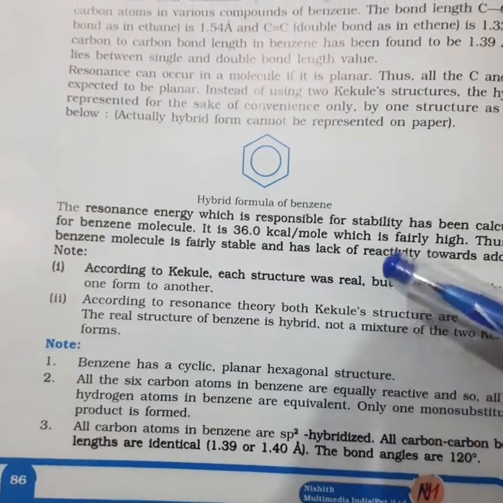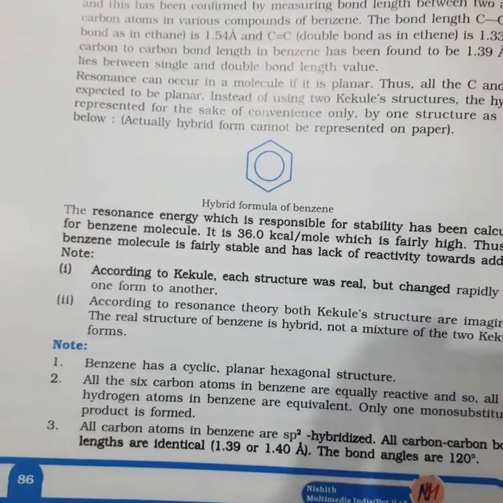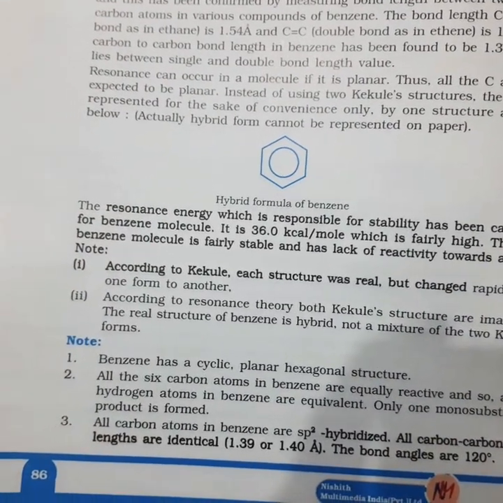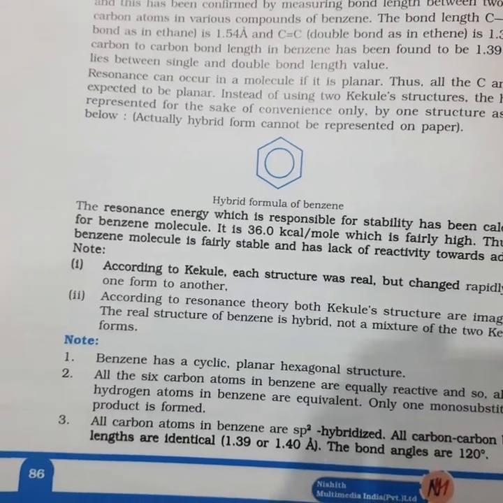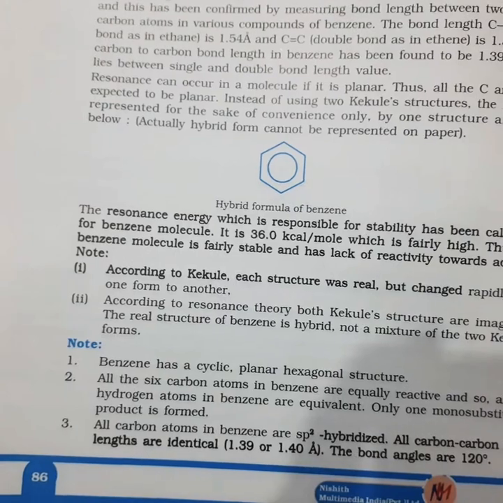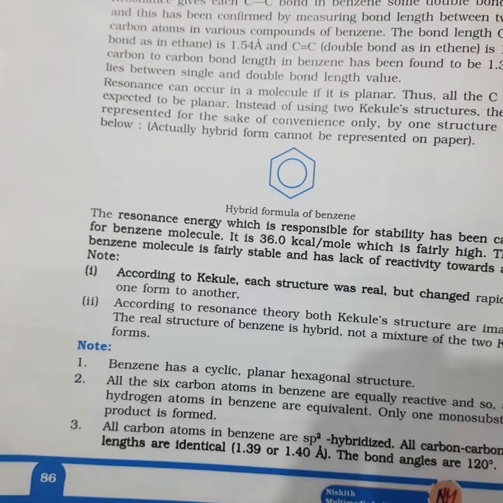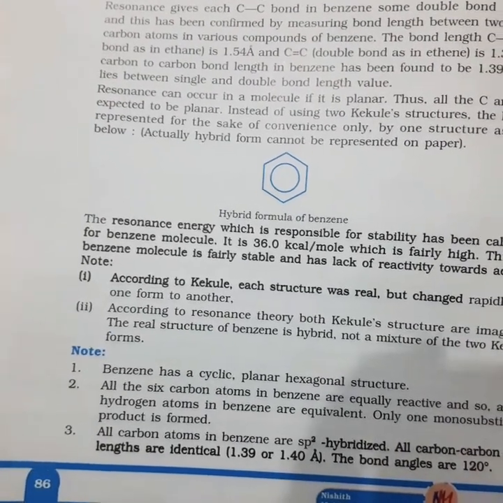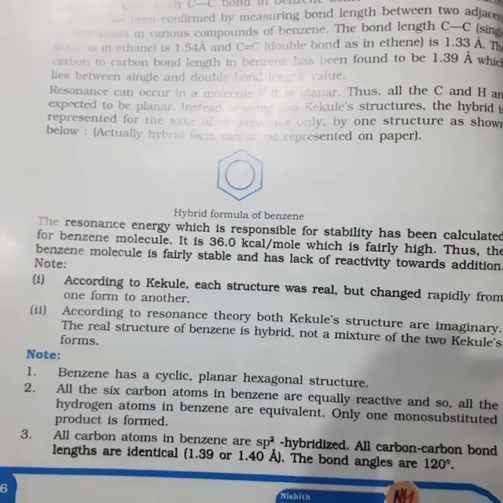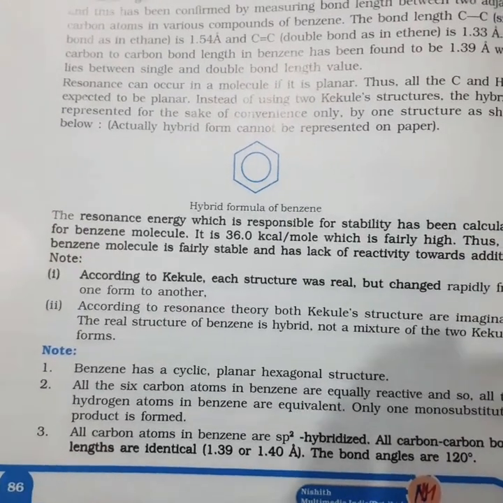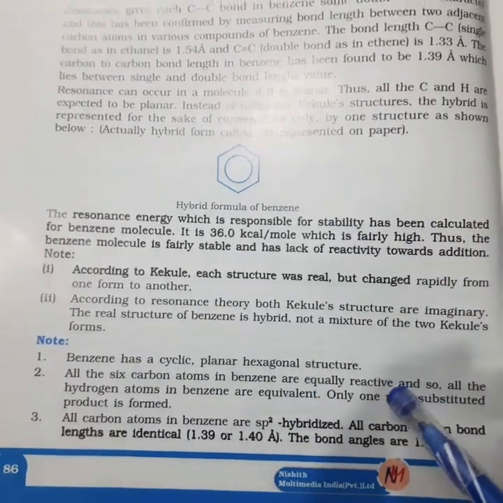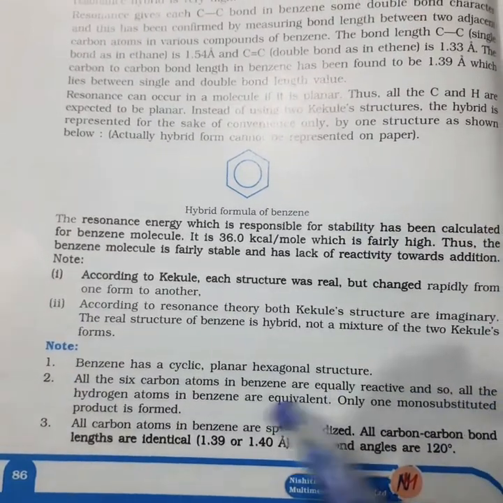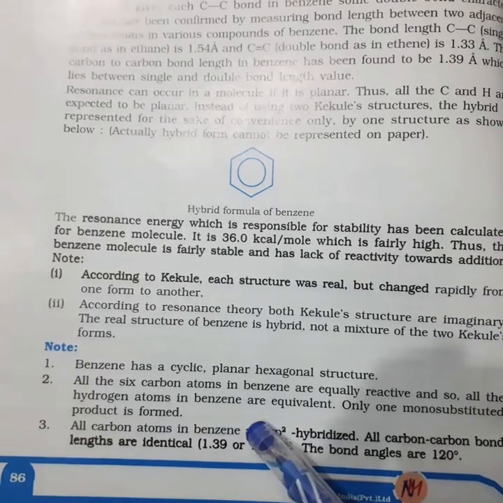In a molecule where all the atoms are the same, we can say all those atoms are equally reactive. In the same manner, all six carbon atoms of benzene are equally reactive, and all the hydrogen atoms on benzene are equivalent.